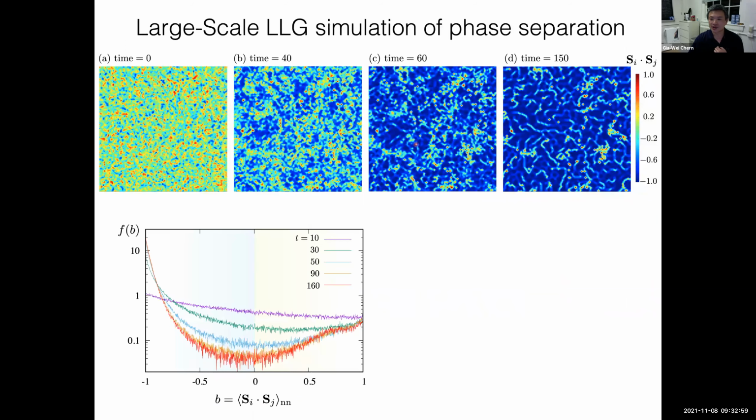So again, this shows the nearest neighbor spin correlation, and this figure shows the histogram of the nearest neighbor spin correlation. Initially, in the random states, we have a flat distribution, and in the late times of the phase separation, you see there's a peak at B equal to -1, which corresponds to the anti-ferromagnetic correlation, and B equal to 1, which is the ferromagnetic correlation.